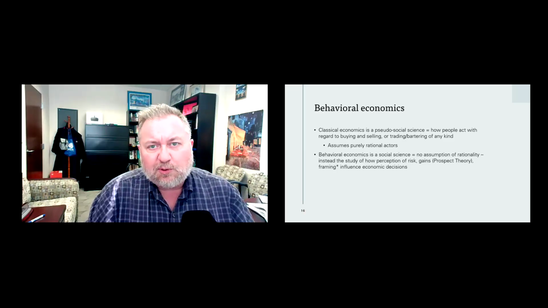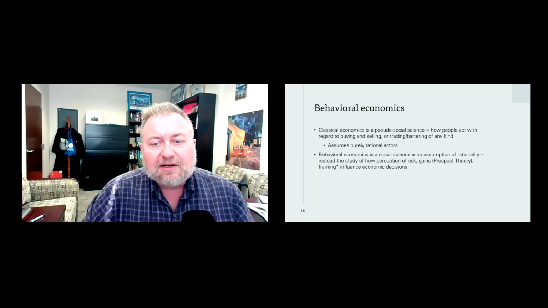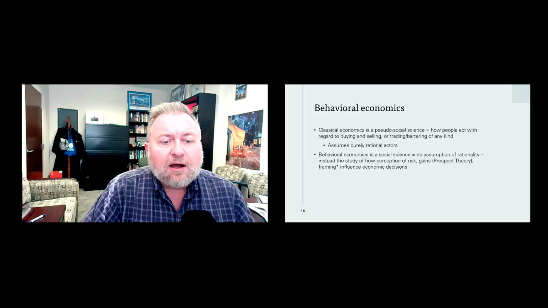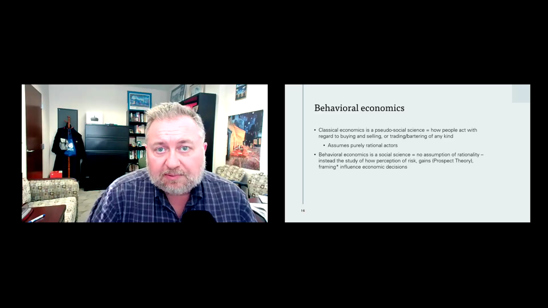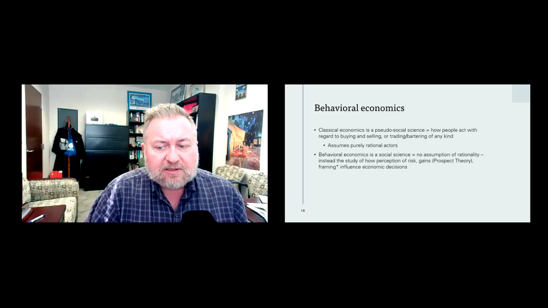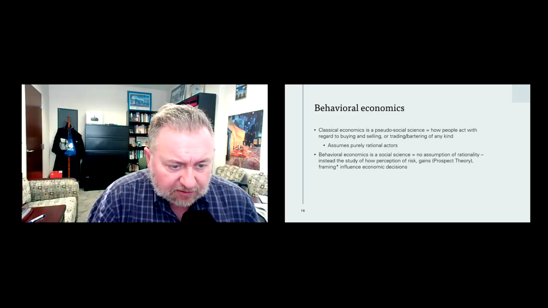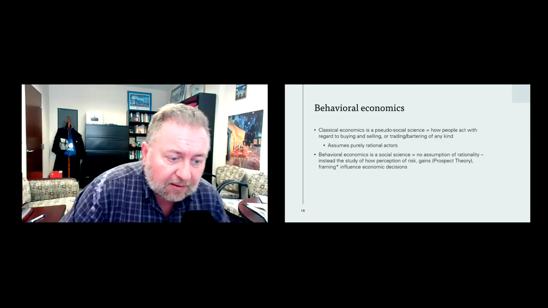So it does sort of border onto social sciences. So the pseudo is really applied to the word social here, not so much the science side of things. But again, there's a big, heavy emphasis on rationality in economic theory. But what you see here is that there's a whole field of research on what we call behavioral economics.